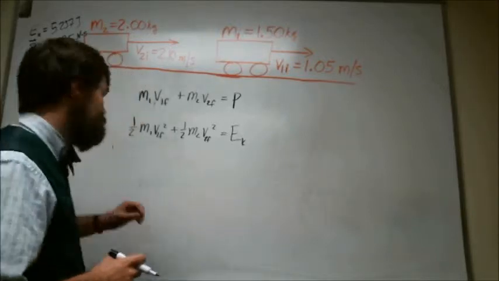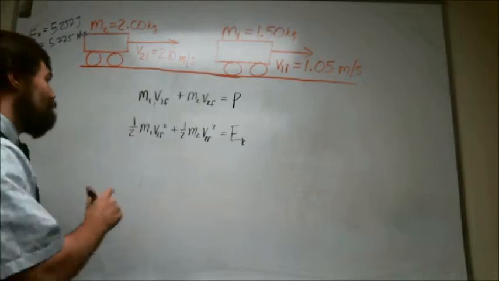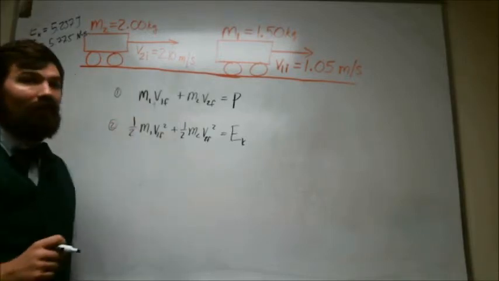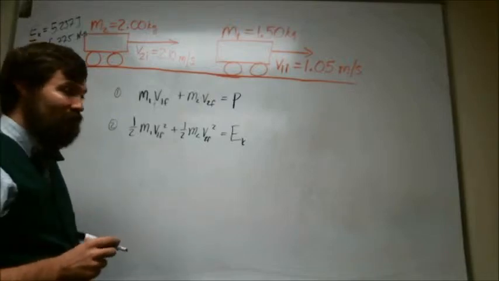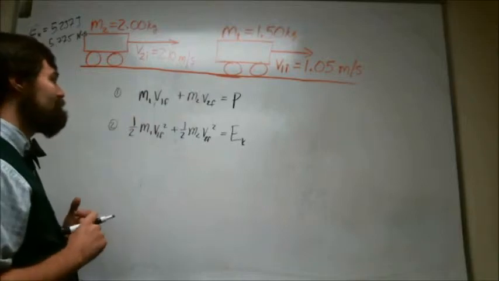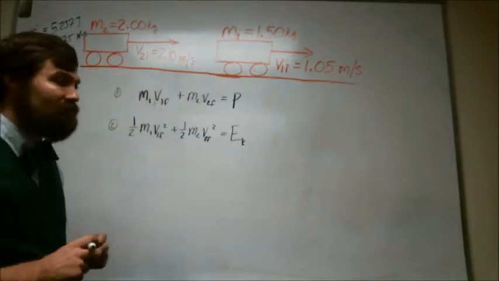Okay, so this makes a system of equations. We could call this equation 1 and equation 2, if you will. And so if I want to solve for the final speeds, what I need to do is solve the system of equations.